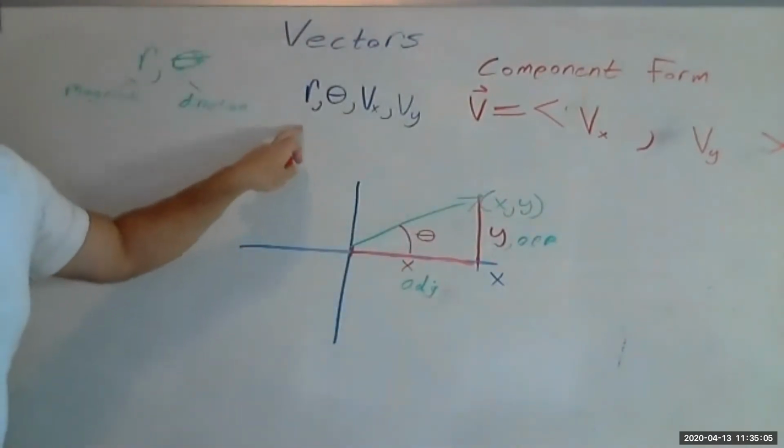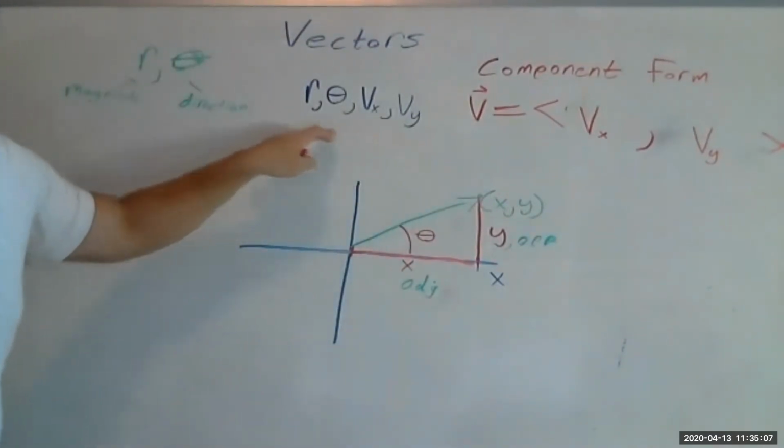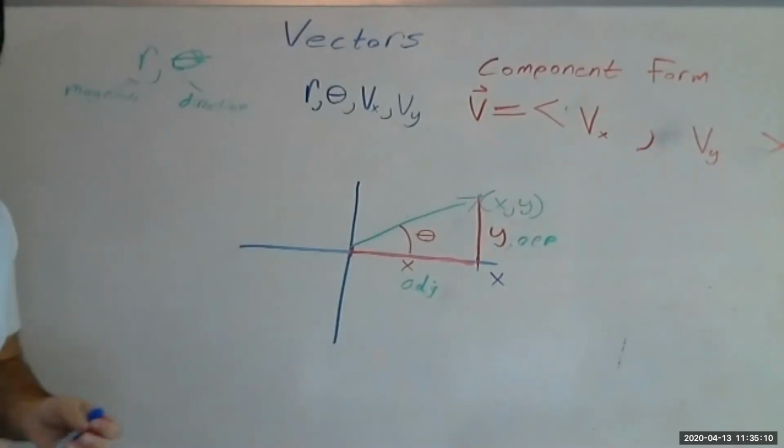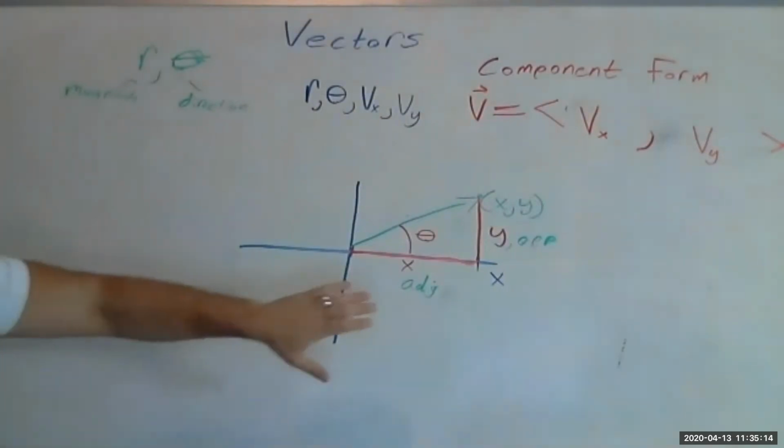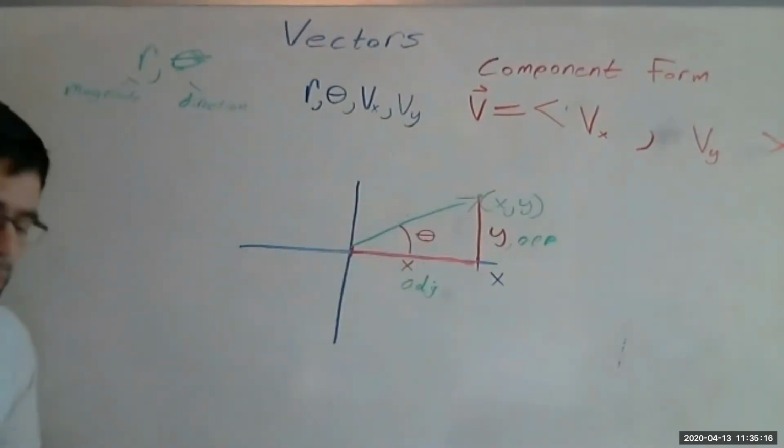If I give you any two of these things, you can find the other two. And it's all based on this little relationship. So what are the equations that relate these things?